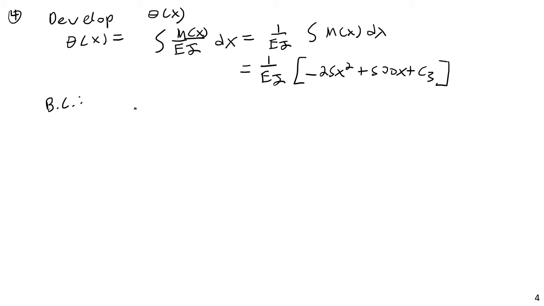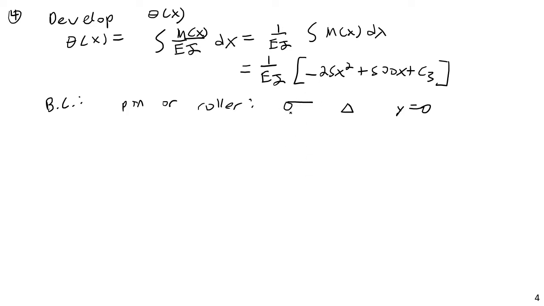For a pin or roller connection, basically wherever you have a pin or roller, y is equal to 0. The deflection is equal to 0 at those points, because that is the definition of a pin support. It will be free to rotate, but it's not free to translate up or down.